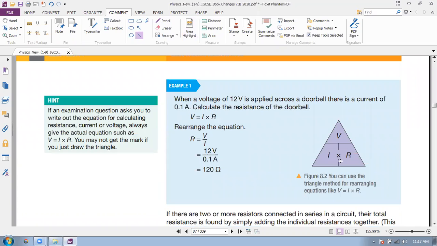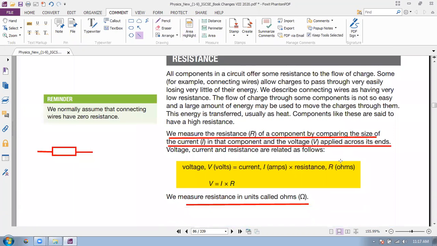So simple math here. Before starting with simple math, I want to explain what resistance is. Resistance is the property of a component or a device to prevent the flow of current. If the resistance is high, the current cannot go through the resistor easily.